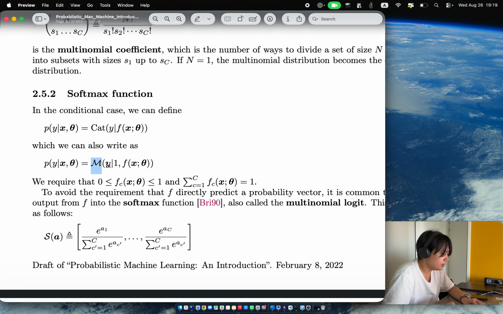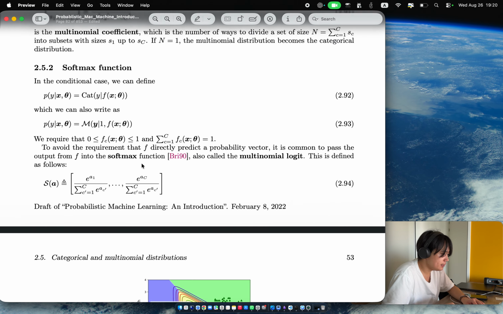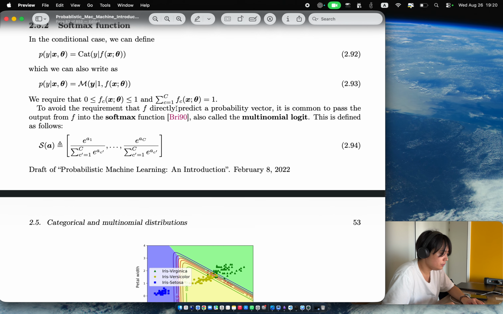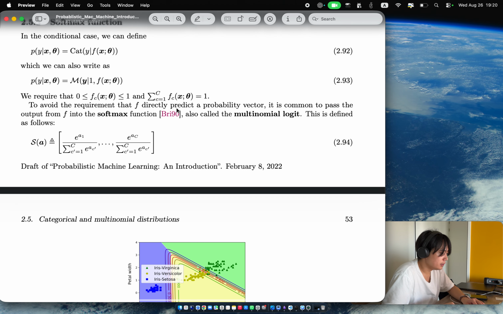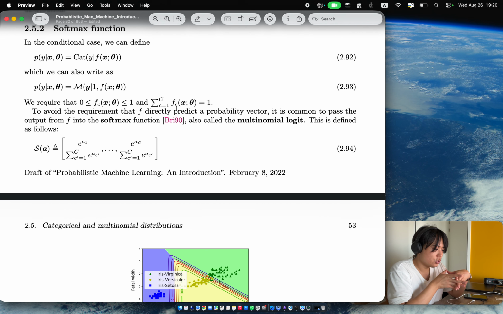The softmax function takes whatever input values and generates small digits.